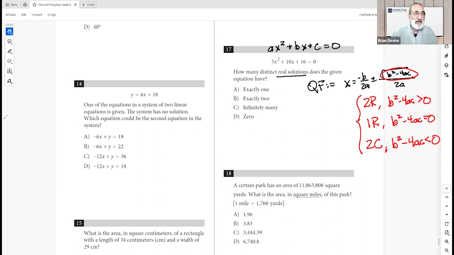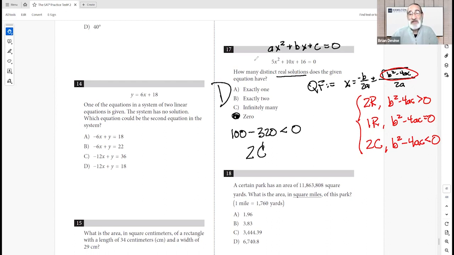Well, let's take what we're given, because that's the whole point of this, and we can do this a lot quicker without the lesson. So I'm going to take b squared, which is 100, minus 4 times a times c, which would be minus 320. And that is definitely going to be negative. So I'm going to have only complex roots, which means I have no real solutions.